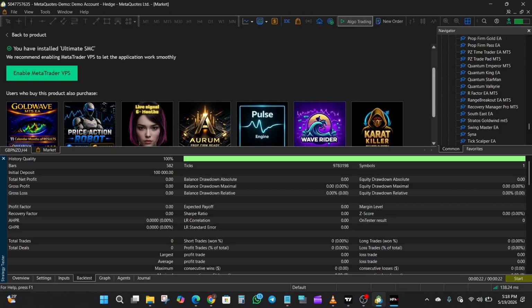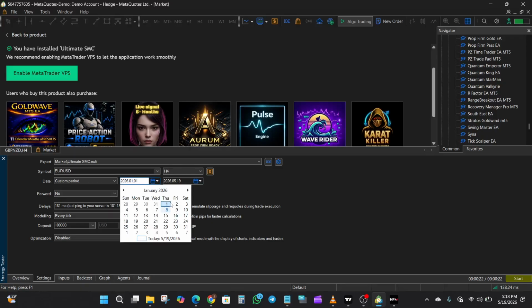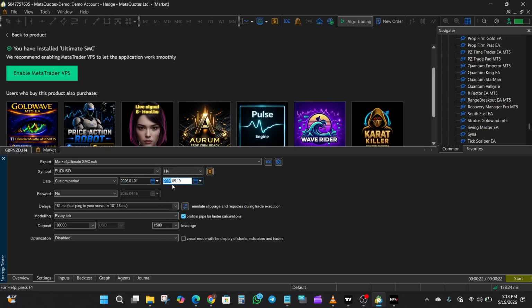All right, but I'm going to recommend running longer term testing yourself. The period that we used for the testing was from 1st January 2026 till date, and the current date we can see is 19th May 2026. So you can actually run the test over a longer period of time, to get a more comprehensive result.